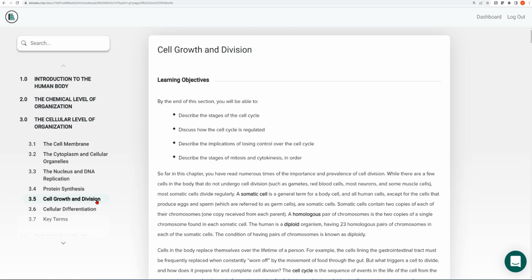Now, some cells in your body, once they are formed, live forever. Or at least they live until you die, or they live until they die off, but they're never replaced. One example of cells that once they're formed are not replaced are your neurons, the nerve cells of your brain.